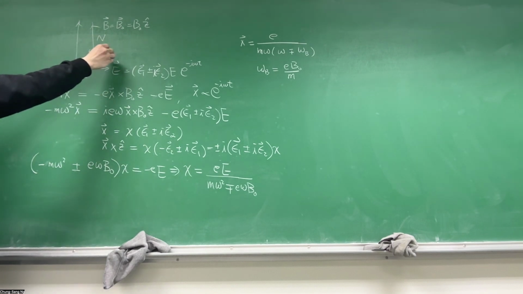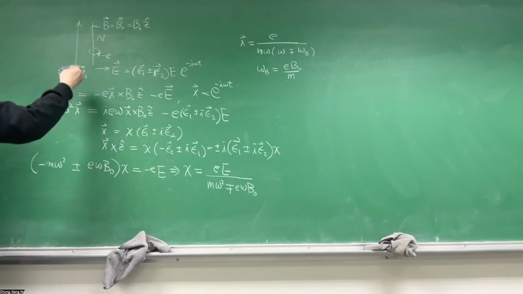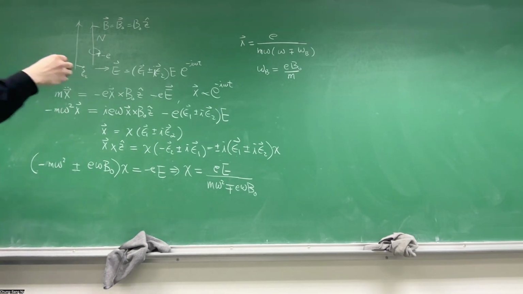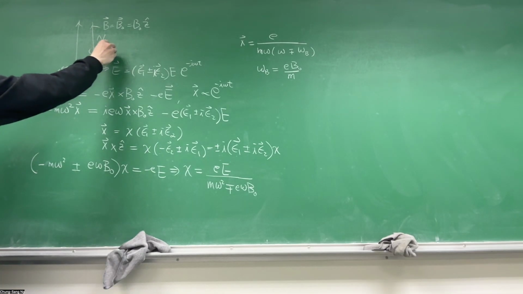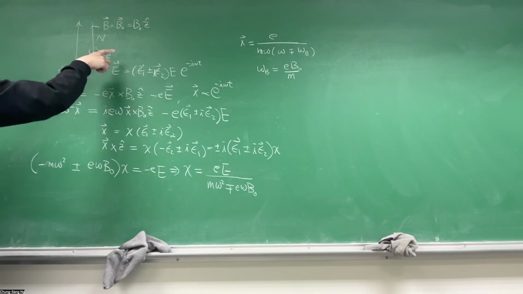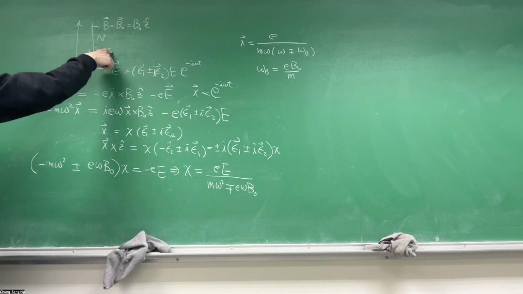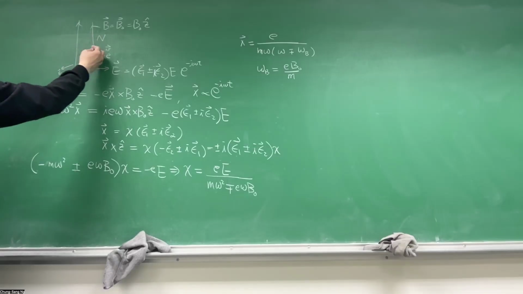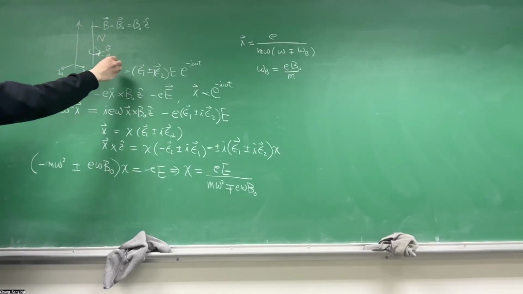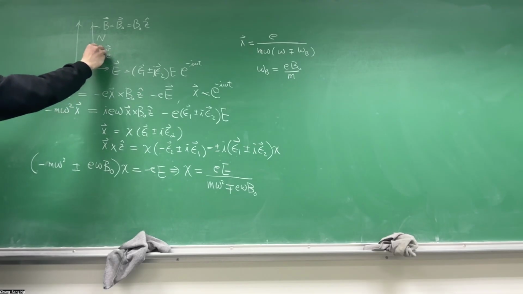Just consider circular motion. It turns out, according to the right-hand rule, we can figure out the force. Force is minus e v cross B. If the electron is moving along this direction, the circle moving in this direction, and that's the velocity v, then v cross B is outward of the circle, but you have minus e, so inward.